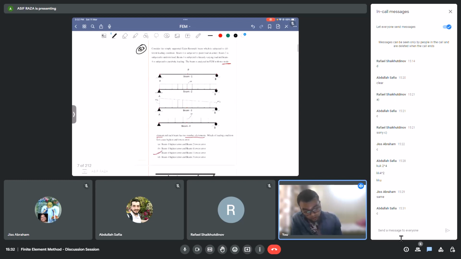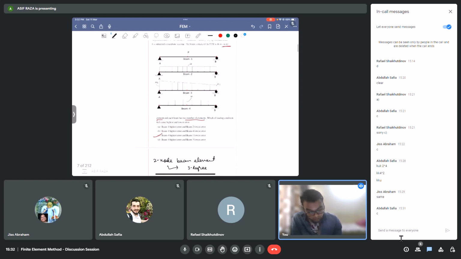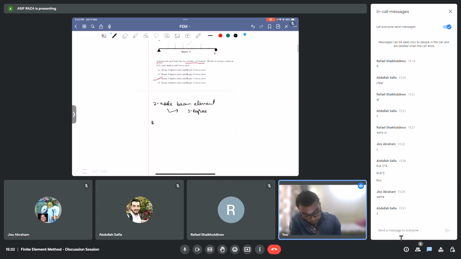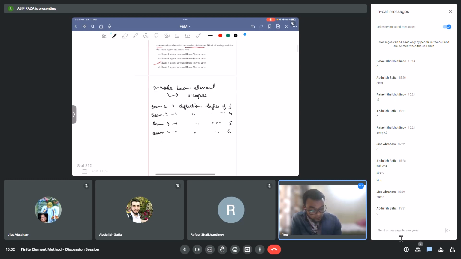And our problem for beam 1 has a deflection degree of 3, beam 2 has 4, beam 3 has 5, and beam 4 has 6.